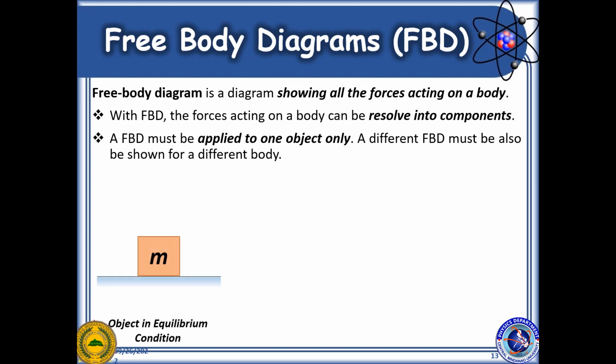For example, you have an object in equilibrium, say a box sitting on a table. There are two forces acting on the object: the weight, or the gravitational force, and the normal force, which is the support force exerted by the table on the box.